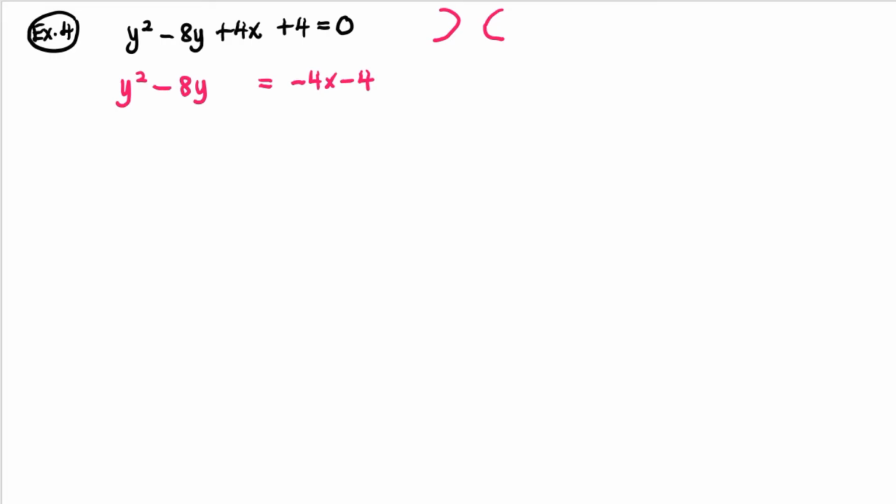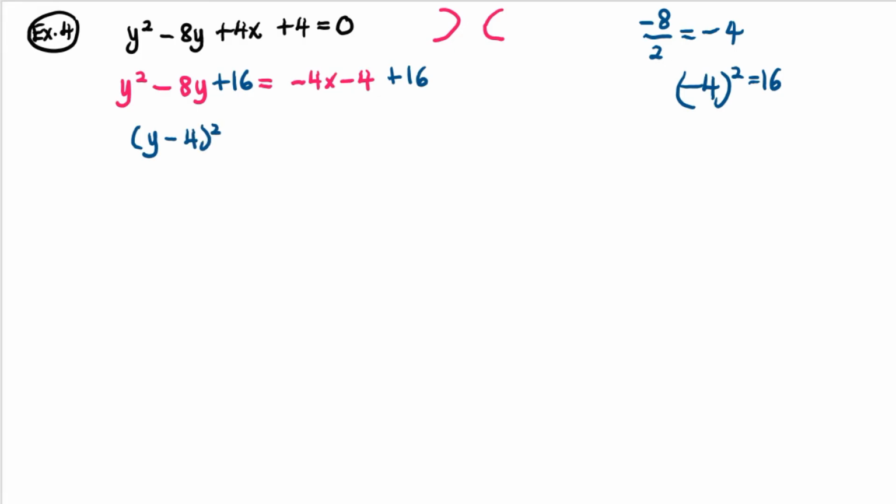You just take that -8, divide by 2 to get -4, and then square -4 to get 16. So you have to add 16 here, and when you add 16 on the left side, you have to add 16 on the right side. Now you can factorize this as (y minus 4) squared.